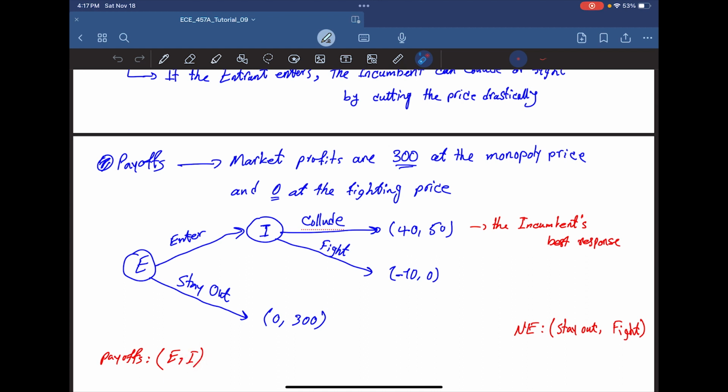The reason is that when the entrant stays out, the incumbent has no reason to collude or fight. But when the entrant enters, the incumbent can either collude or fight. If it colludes, the payoff for the entrant will be 40, and the payoff for the incumbent will be 50. That will be the incumbent's best response to the entering action.